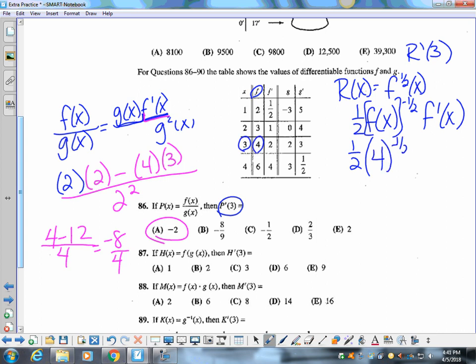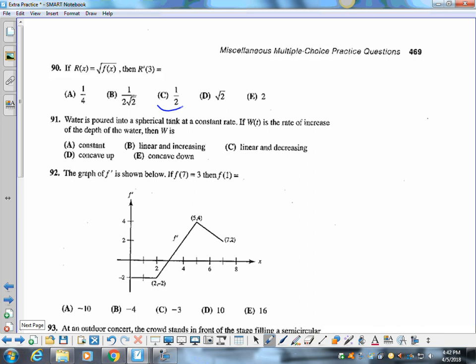And that's to the negative 1/2. And then I need f prime of 3, which is a 2. 4 to the negative 1/2 means square root me and move me to the bottom. So that's going to give me a 1/2. And then we come back here, and there he is.